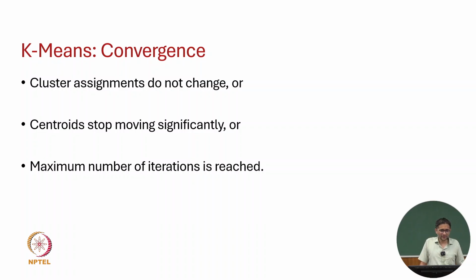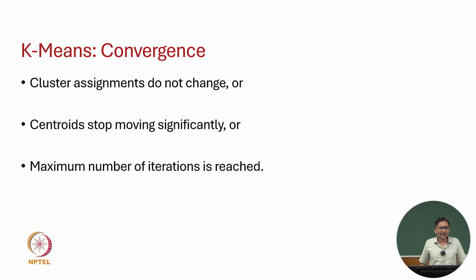Let's say we are not playing with two teams, we are actually playing with 5 teams. So all these 5 captains don't move, we don't assign this captainship to different persons from one iteration to the other. Similarly, in this case, the centroids do not move significantly. So we can say that probably we have reached convergence.